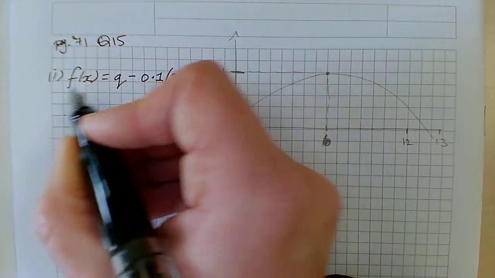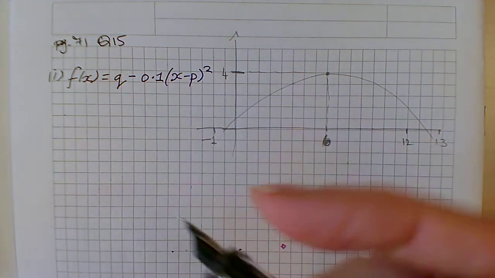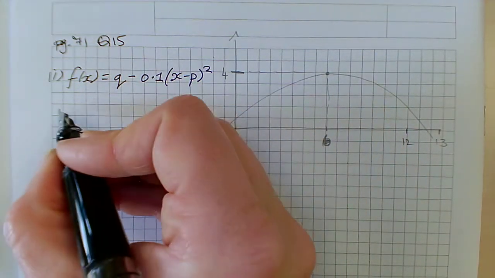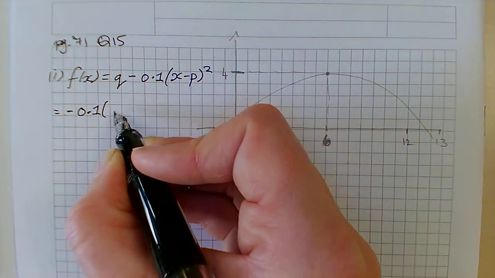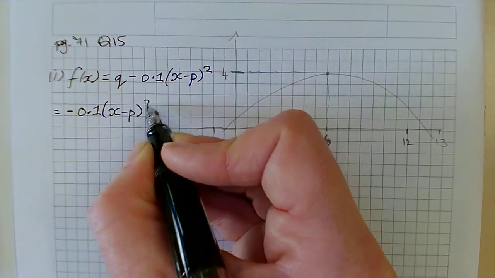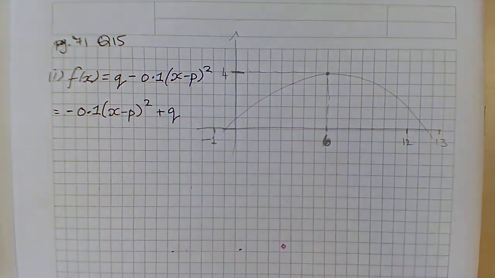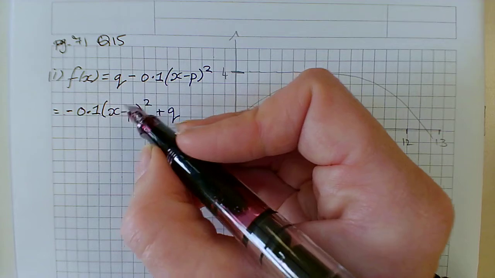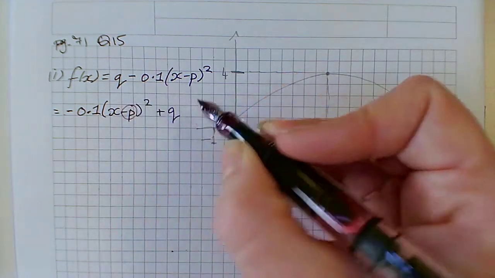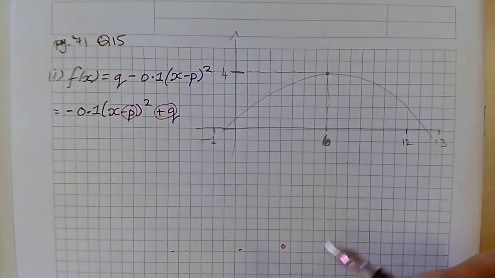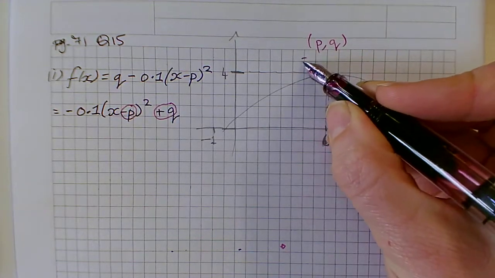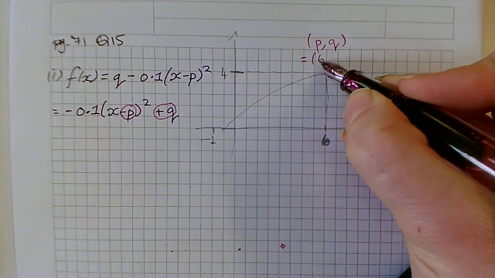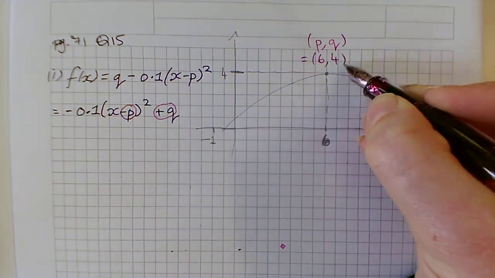Now, regardless of what numbers we have anywhere else, let's just write this a little bit turned around so that we've got the bracket first: minus 0.1 times x minus p all squared plus q. So remember that we change the sign of the one in brackets and we don't change the sign of the other one when the maximum point is PQ.